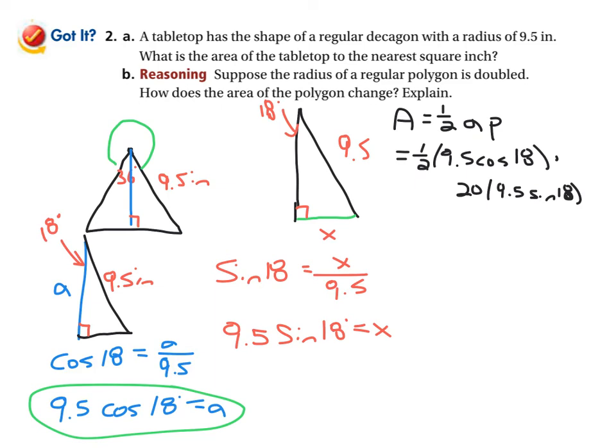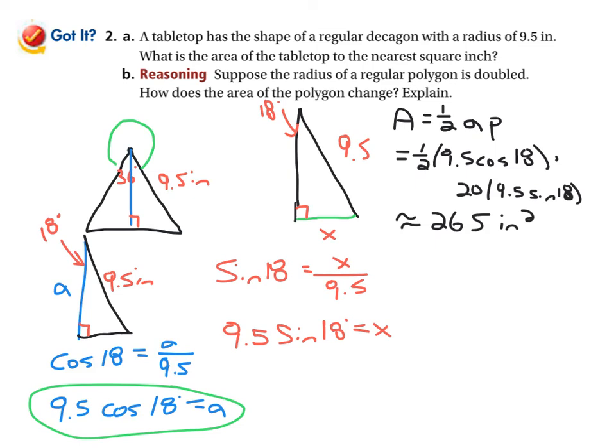Okay, so we say cosine of 18, close it, times 20 times 9.5 times sine of 18, and close that one too to get in the habit of always closing your parentheses. And when you hit equals, you get approximately, because it's not perfect, it says to the nearest square inch, so approximately 265 inches squared.